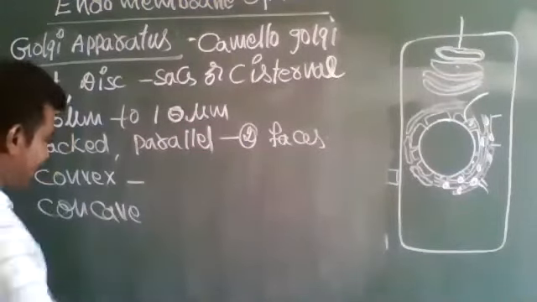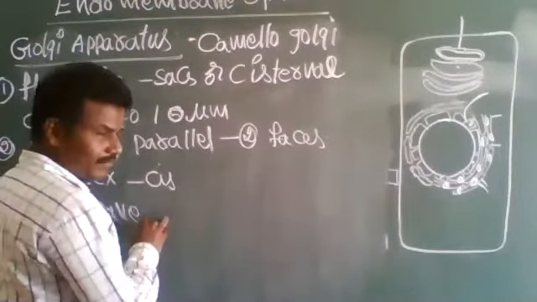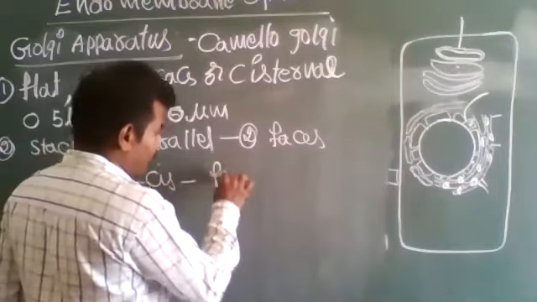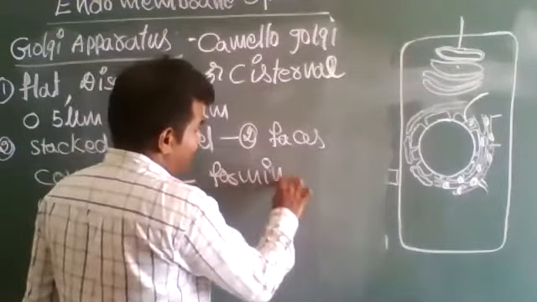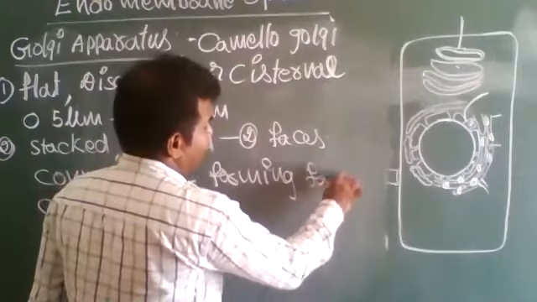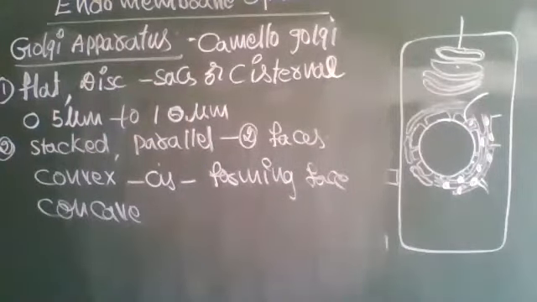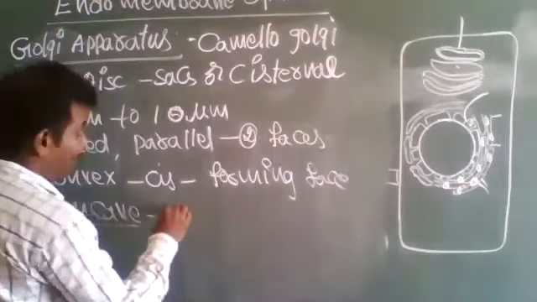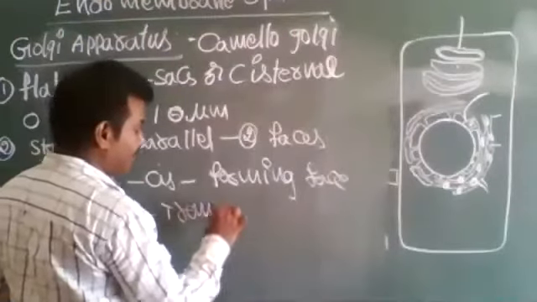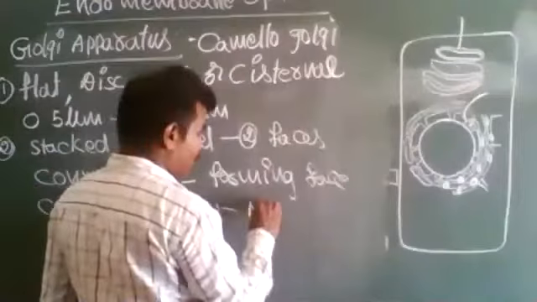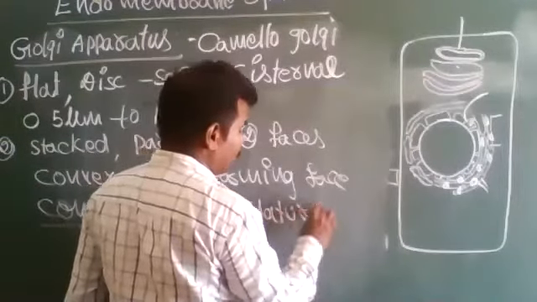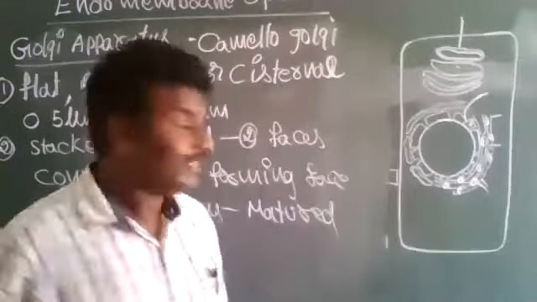Convex, the cis face, is also called the forming phase. Forming phase. And the other one is concave, the trans phase. Trans phase is also called the maturing phase.